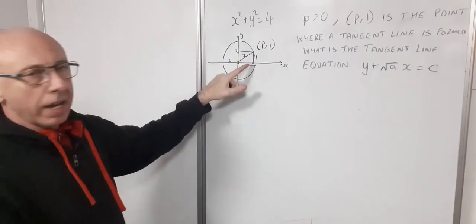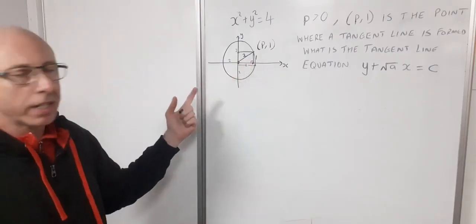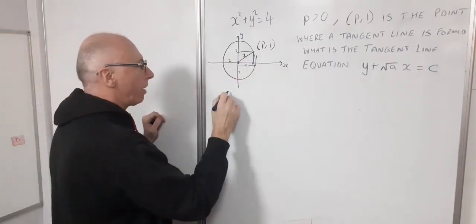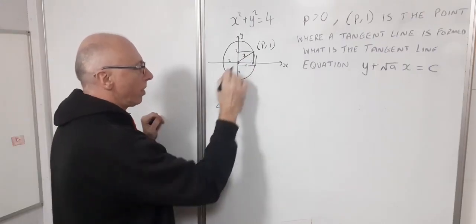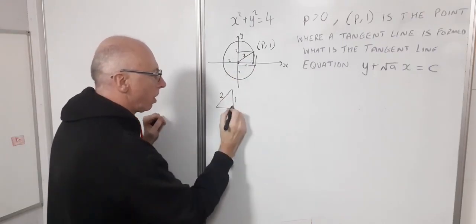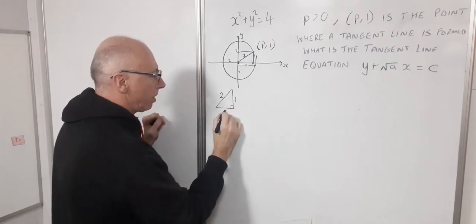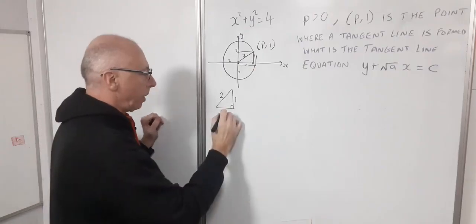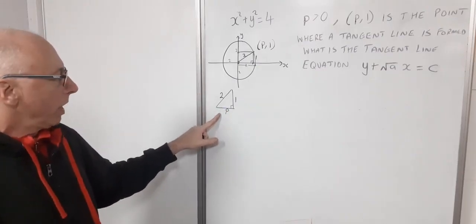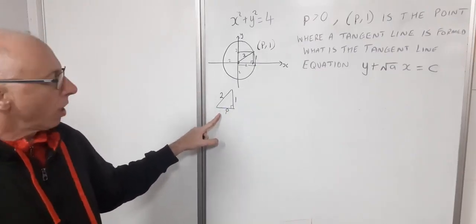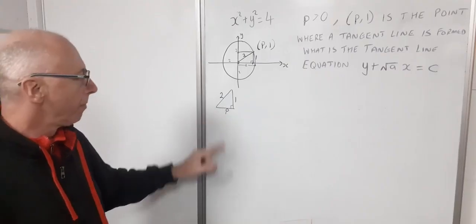Now what's the length to here? Well, here we've got a right angled triangle. So let's take it out of the circle. Just draw it here. We've got side 1, hypotenuse of 2, a right angle here. What is this length here? That's going to give us p. Now, how do we find that? Well, as it's a right angled triangle, we can just go into Pythagoras' theorem.